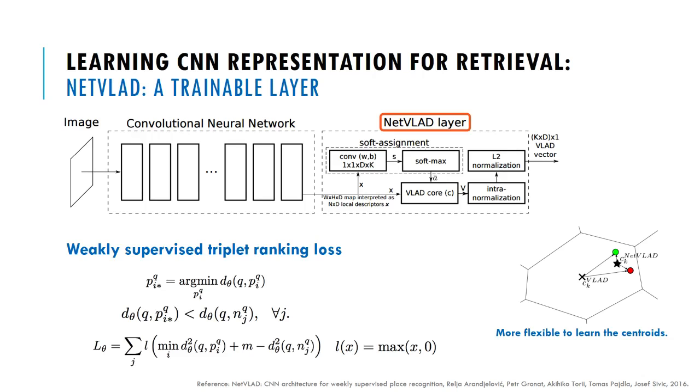So earlier I mentioned that triplet learning is really great, but there's generally a problem with triplet learning, which is that it's a pretty high requirement on your annotations, on your labeled data. So in this paper, there's actually a very nice improvement offered here, this concept of a weakly supervised triplet ranking loss.